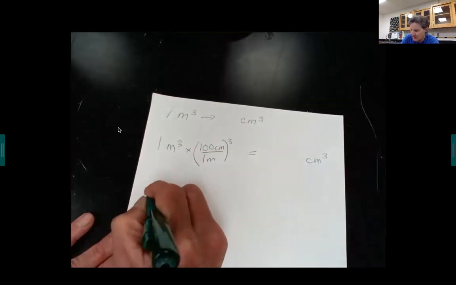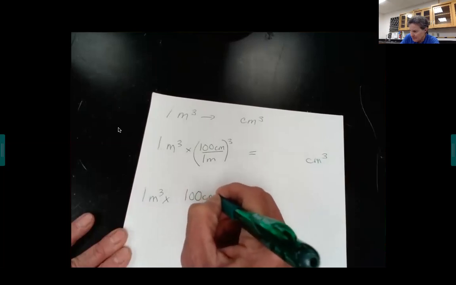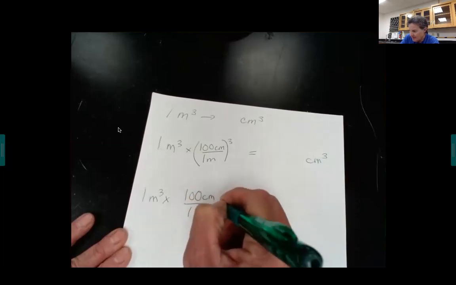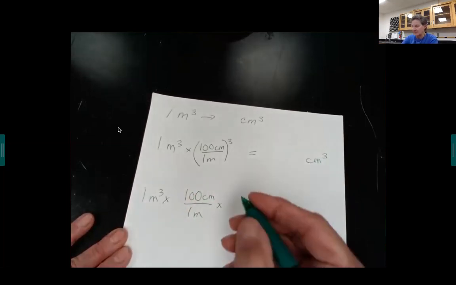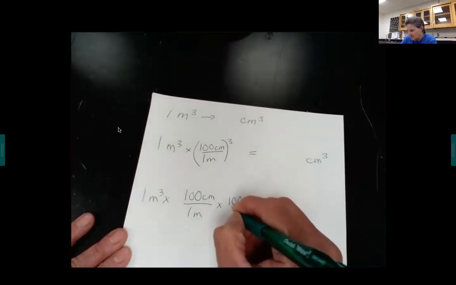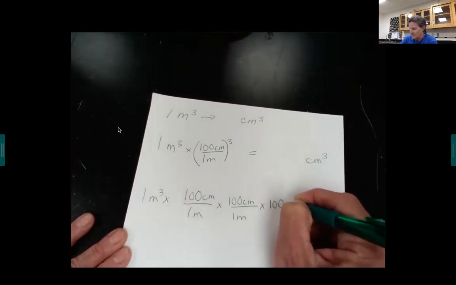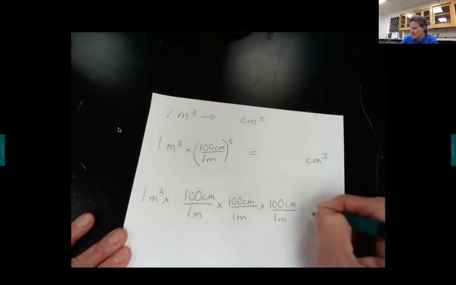So it's the same as saying I have to multiply the length, which is in meters, and the width and the height by my conversion factor.